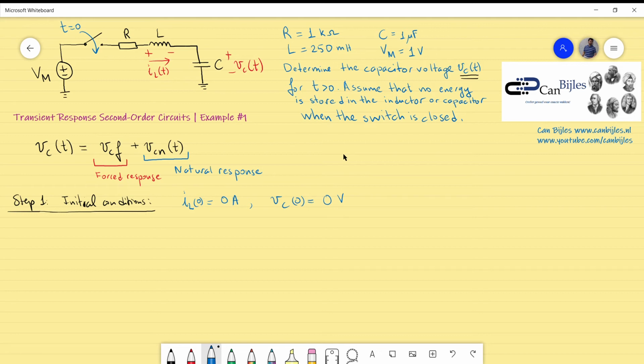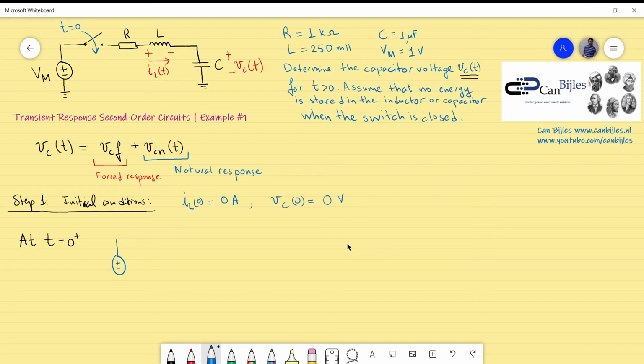What we also need to determine, which is not done in the first order circuit analysis, is the situation at switching. Just at the switching, we will denote this by time equal to 0 plus. That means just after the switching, what happens? Now the situation is like this. We have the circuit.